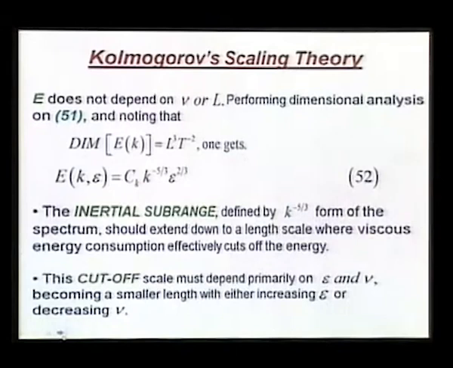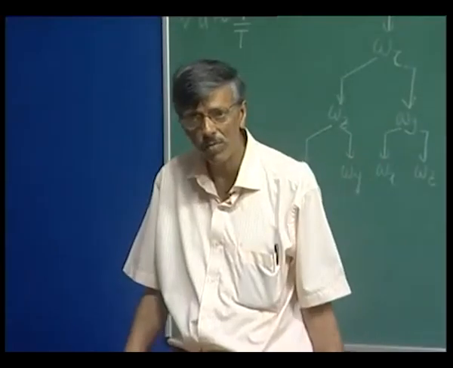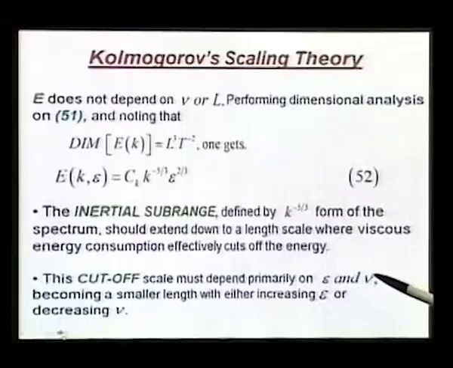What it will be determined by is the rate at which the energy is supplied, that is also the rate at which it is dissipated, and also it should depend on the property of the flow, and what better quantity of that than your kinematic viscosity itself. So, this cutoff scale must depend on epsilon and nu.